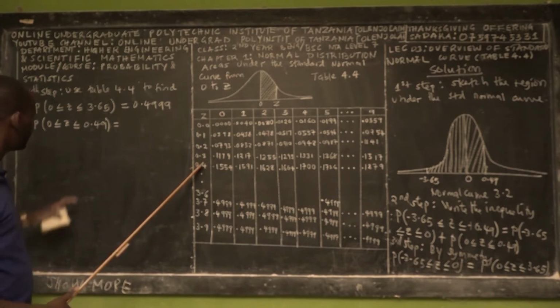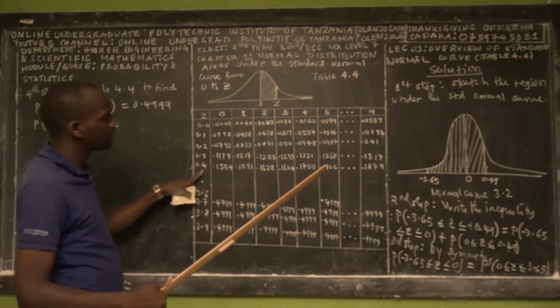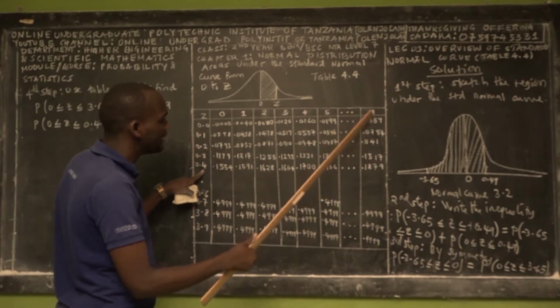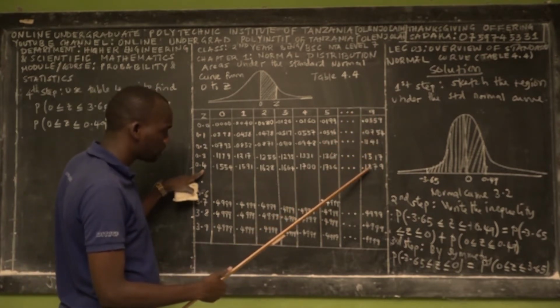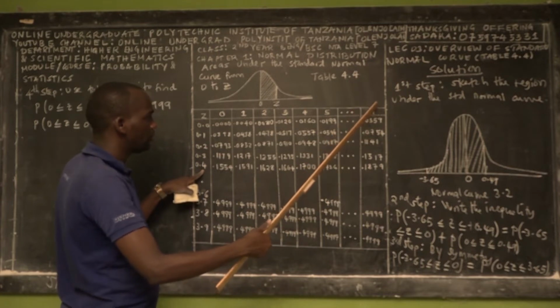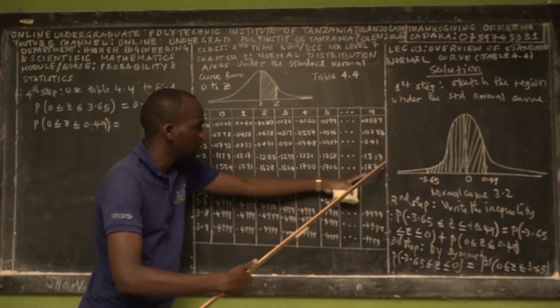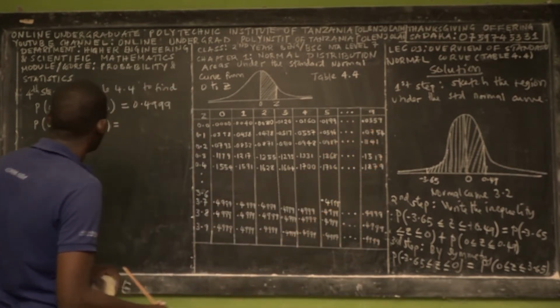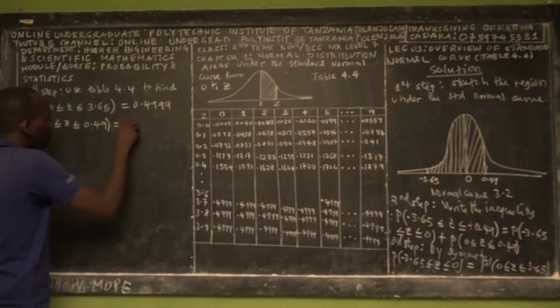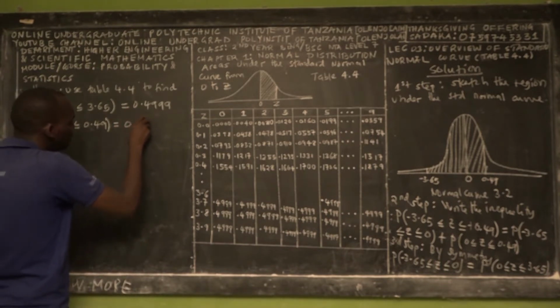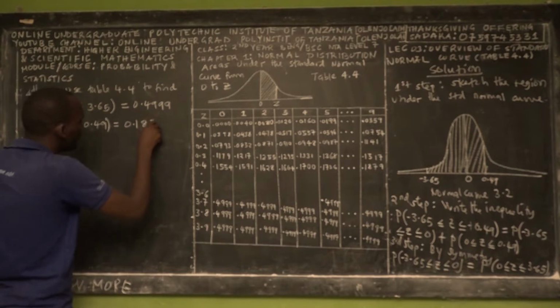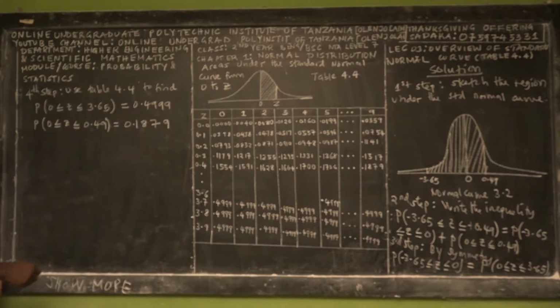So this is 0.4, and then the second decimal place is 9, so in the 11th column. The corresponding probability, if you move from here and then move horizontally, will be 0.1879.